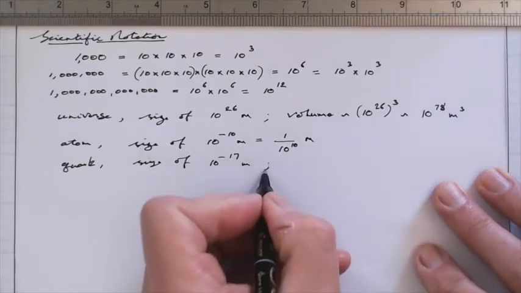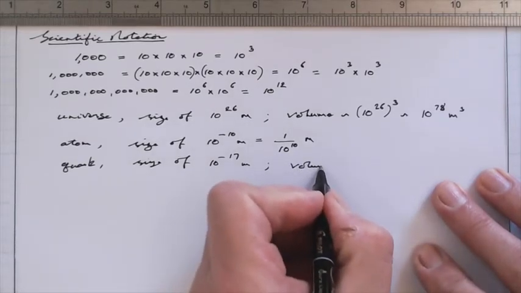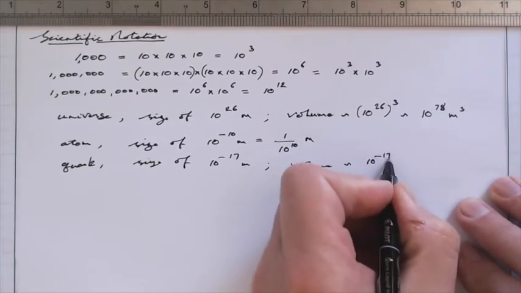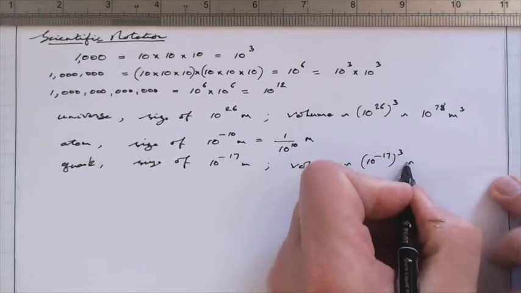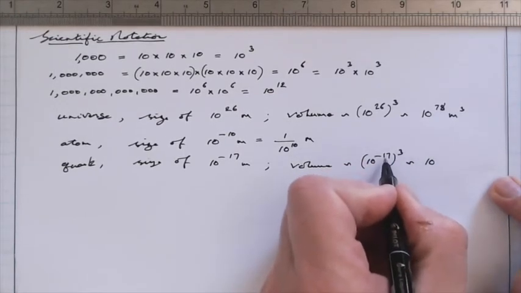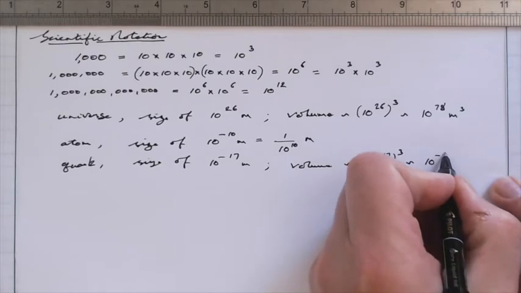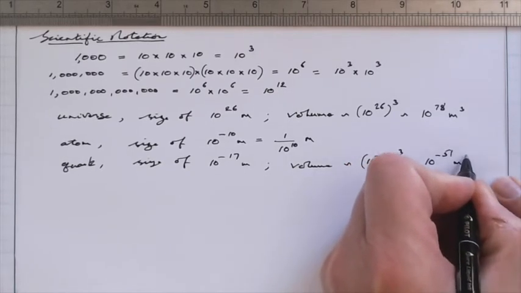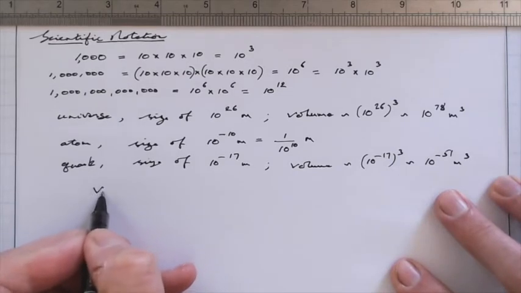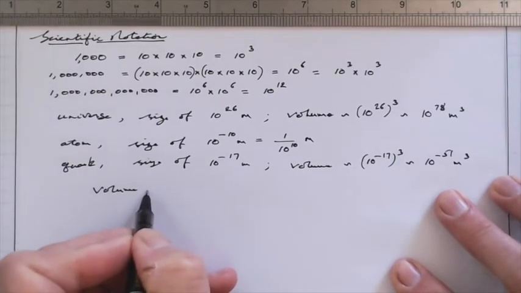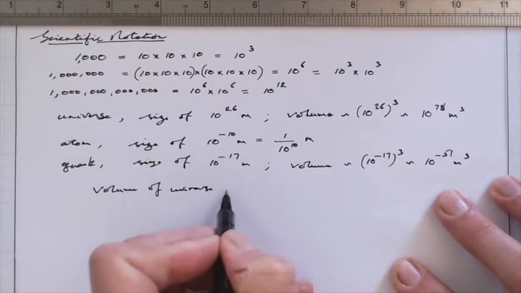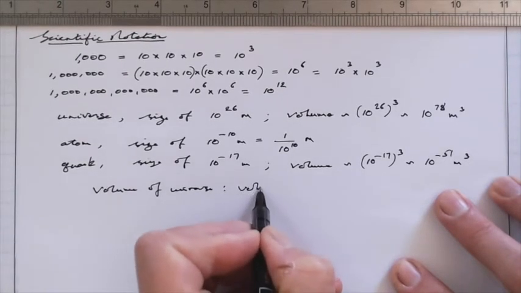The volume of a quark then would be 10 to the minus 17 meters all cubed, which would be roughly, and again, power of a power, we multiply the indices, that would be 10 to the minus 51. And so you could even do something insane. You could say, what's the volume of the universe compared to the volume of a quark?